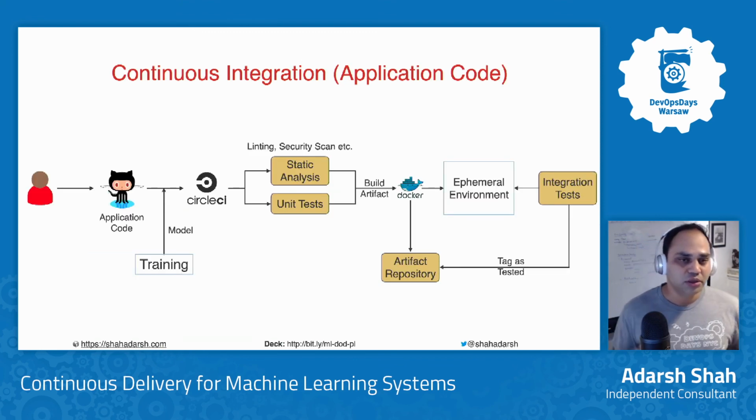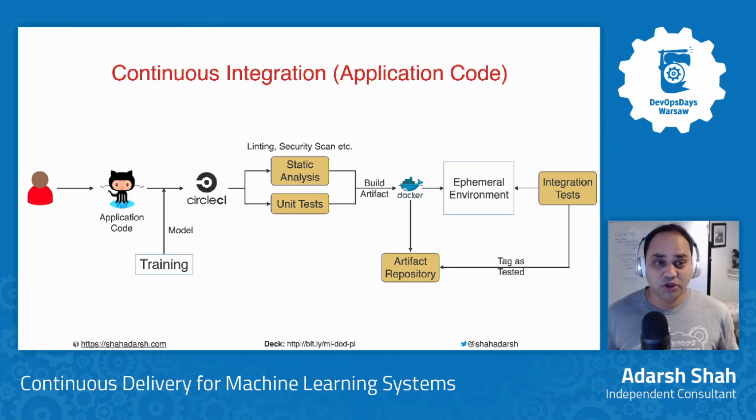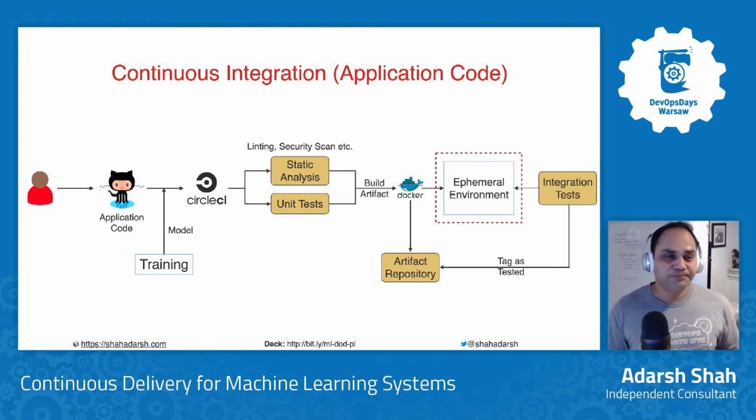Okay, so we talked about continuous integration for the training code. Let's talk about continuous integration for the application code, right? This application code is the program that we talked about that gets deployed to production, right? So you write that, and again, this is a typical CI, so I'm not going to go through each step, but basically, like for the training process, you have steps like static code analysis, unit testing, linting, security scans, things like that.